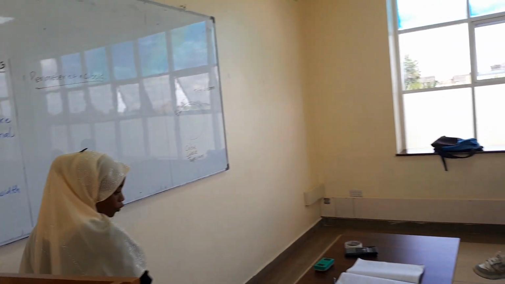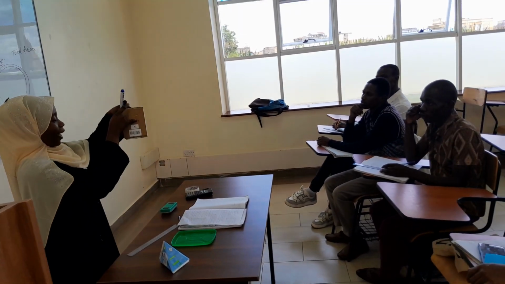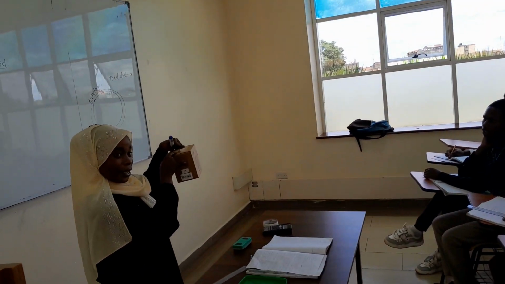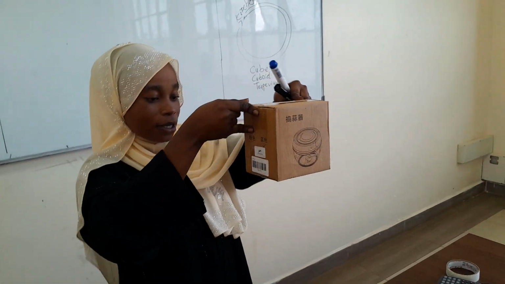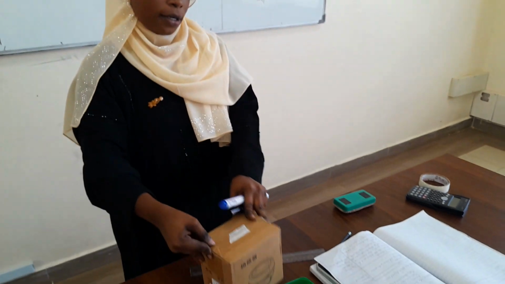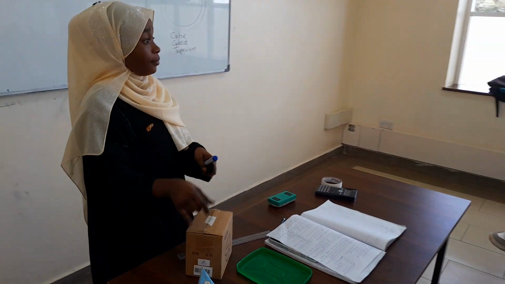Okay, so I have this box here. It represents the shape of a cuboid. Can everyone see? From what you have seen from this box, define the term cuboid so that you can calculate the perimeter. Ian?